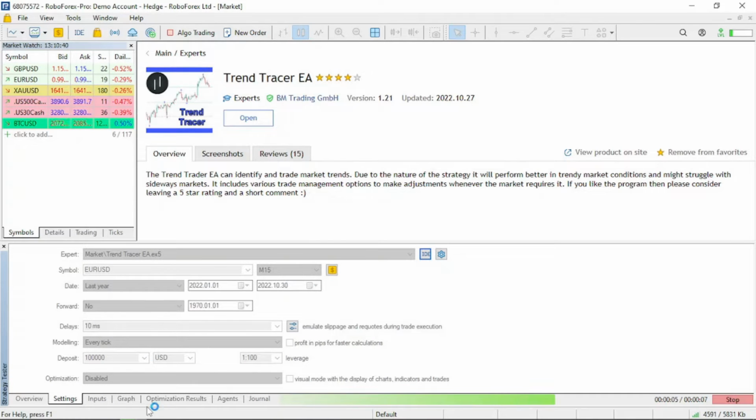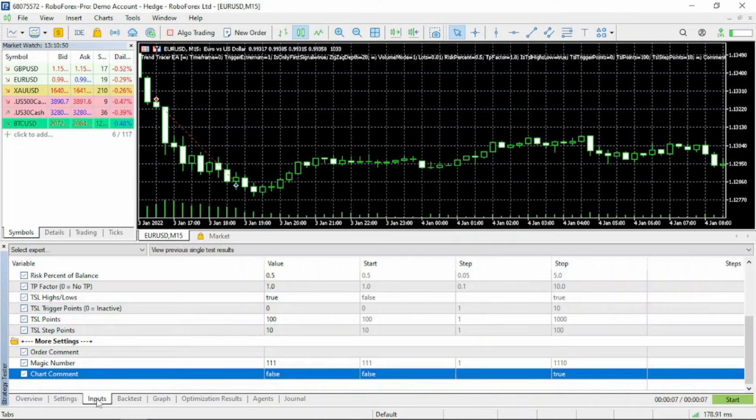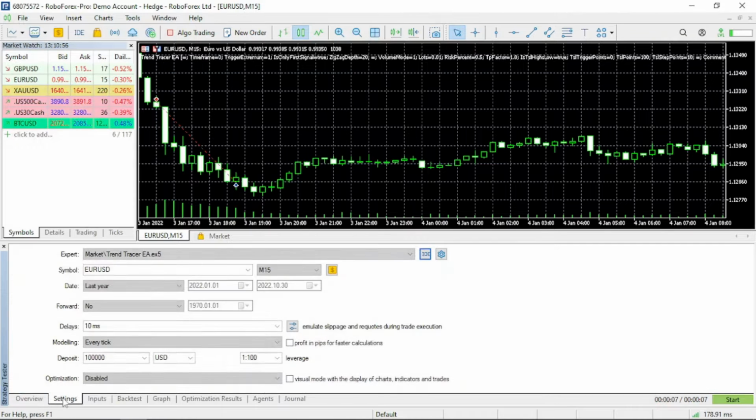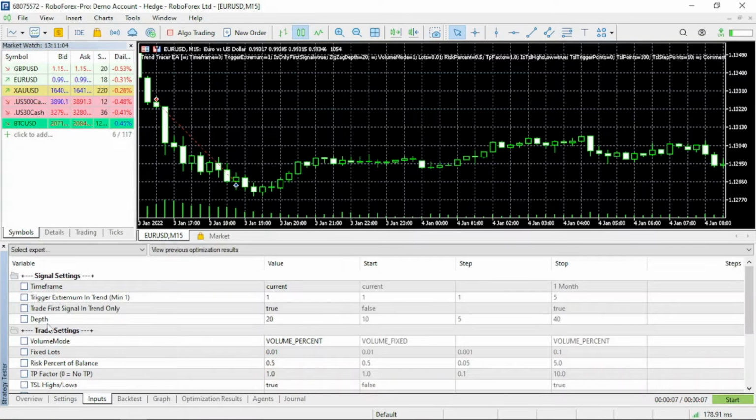Our first back test is going to be on the 15-minute for the last year on the EURUSD. As indicated in the description, Trend Tracer EA struggles during sideways market. So it is important for you to optimize your own set file. To do this, under optimization, I'm going to select fast genetic based algorithm.